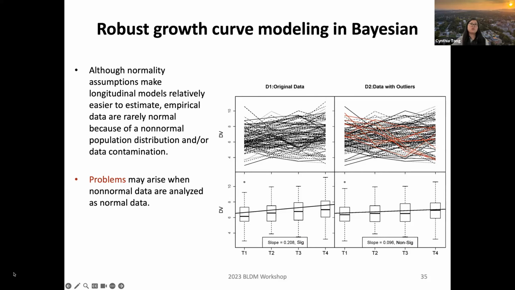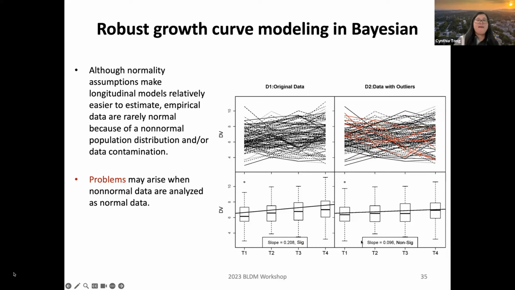Those 10 trajectories were marked in red. As you can see from the trajectory plot, if I didn't mark them in red, you could hardly tell there are outliers, because they are multivariate outliers. They can be well hidden in the two-dimensional plot.